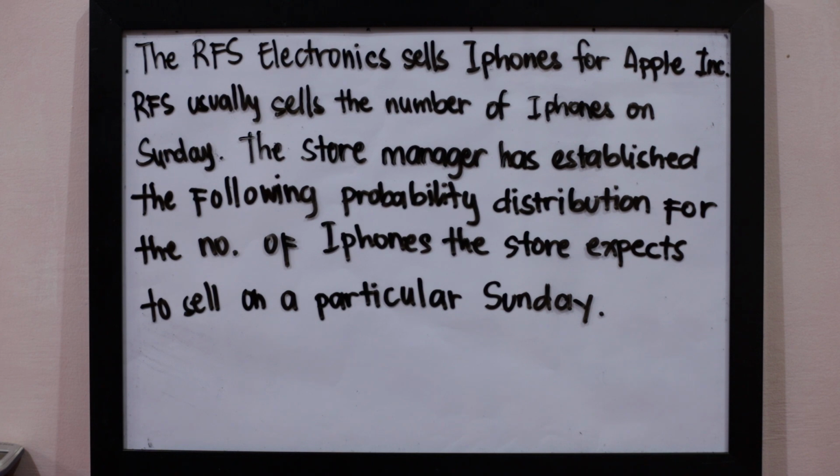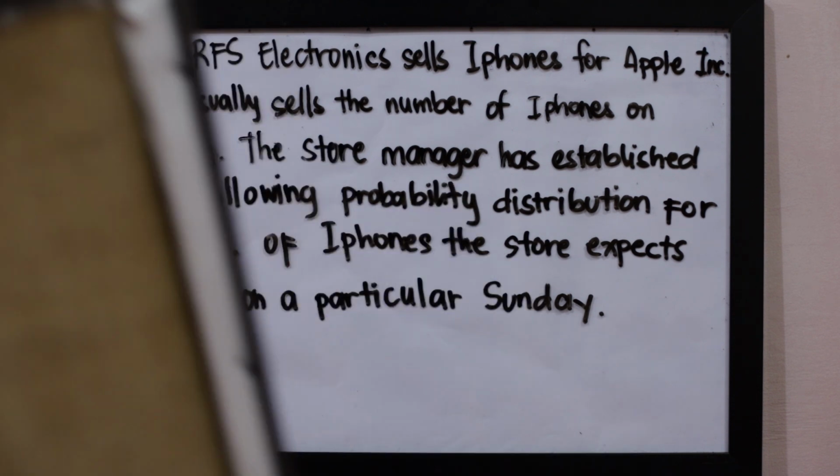So, for the second problem, RFS Electronics sells iPhones for Apple Incorporated. RFS usually sells iPhones on Sunday. The store manager has established the following probability distribution for the number of iPhones the store expects to sell on a particular Sunday.